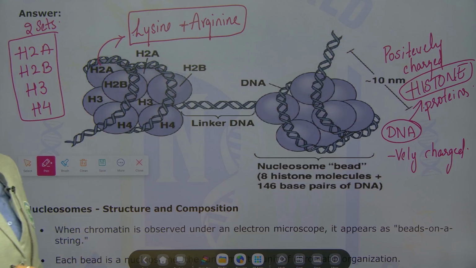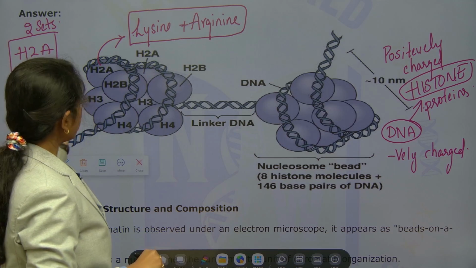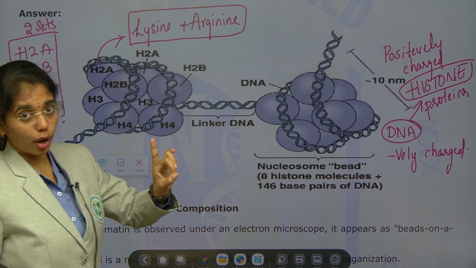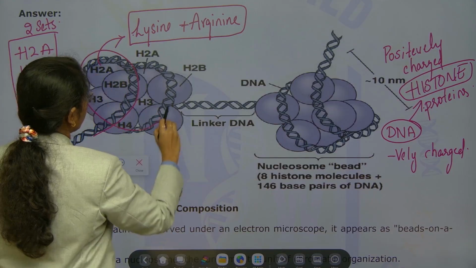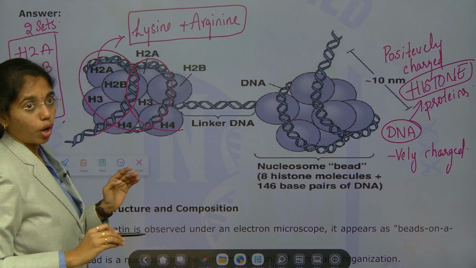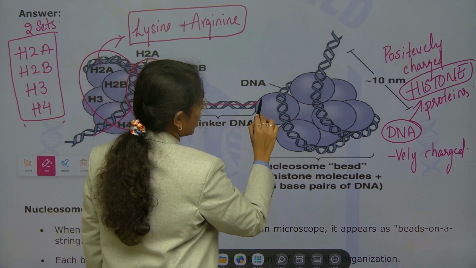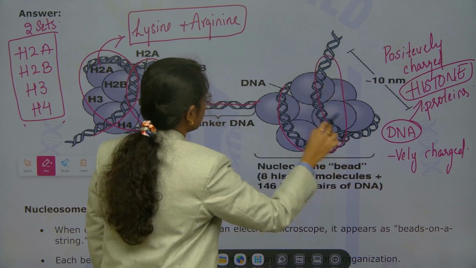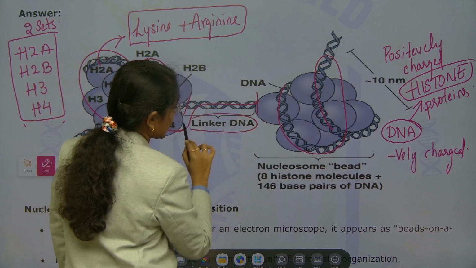Fine, right? 2 sets of this will form one histone octamer. As such, the negatively charged DNA will coil around the positively charged histone octamer. Likewise, one chain is connected to the other octamer. The DNA which is linking between 2 nucleosomes is addressed as linker DNA.